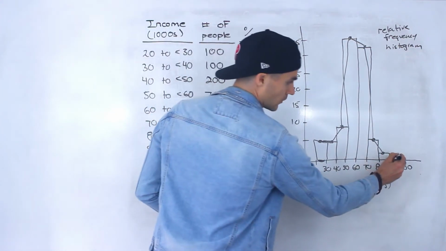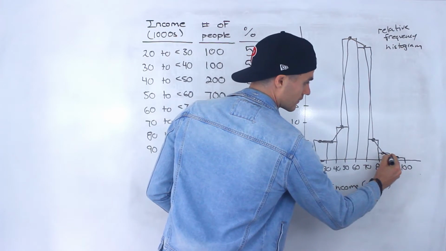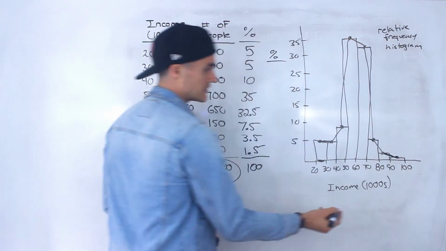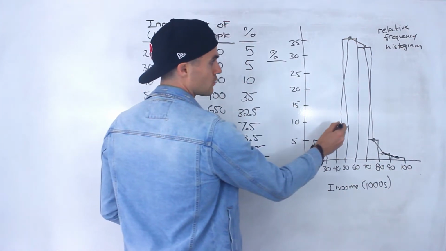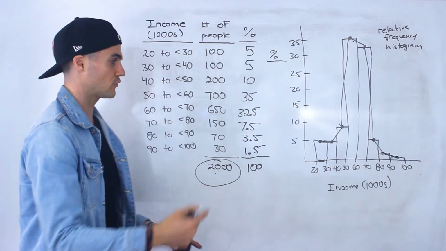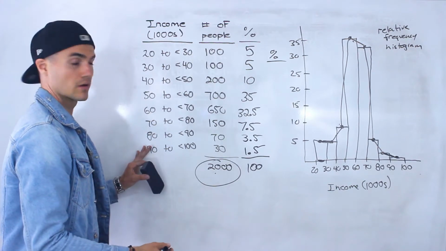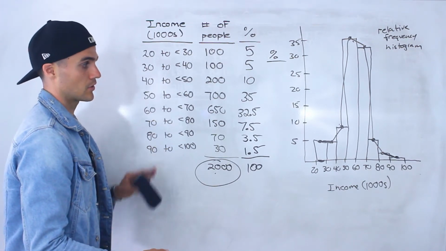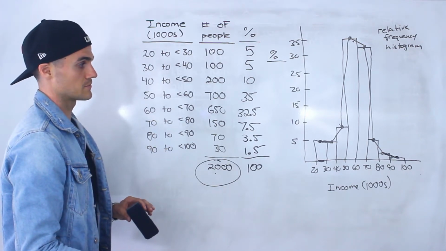And then that final one right here. And notice how many dots there were. So there was 1, 2, 3, 4, 5, 6, 7, 8. Remember, as I mentioned before, same number as the number of intervals.